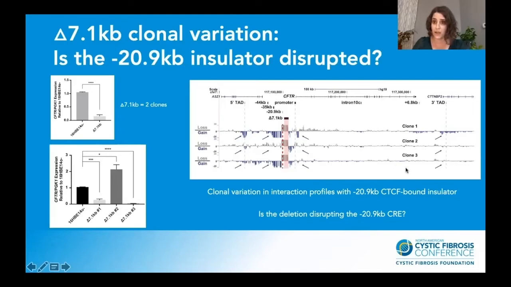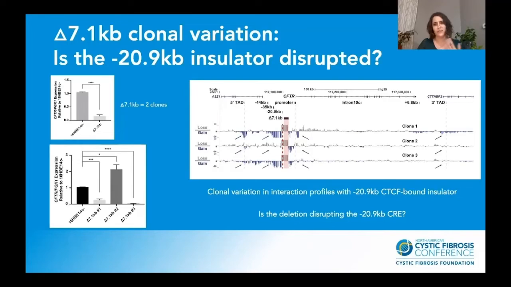Clone 3 is what I had previously shown you on the last slide. You can see that clones 1 and 3, which are the 2 that have the reduction in CFTR expression, have very similar changes to the interactions. However, clone 2, which is the clone that has the increase in CFTR expression, has a dramatically different interaction profile than the other 2 clones.